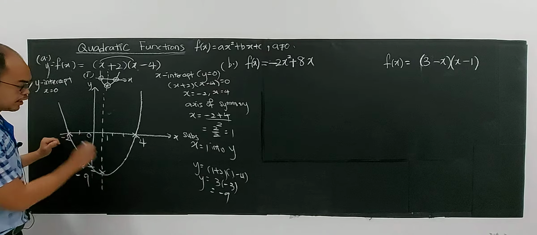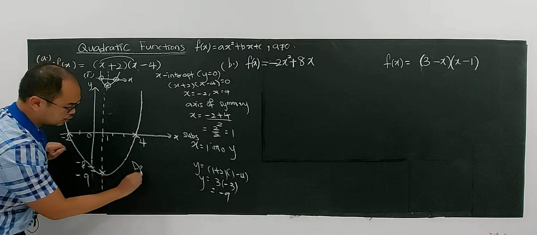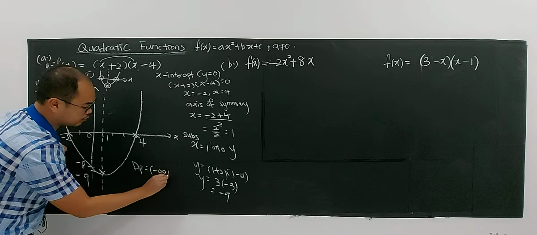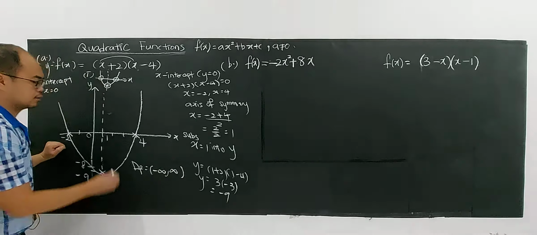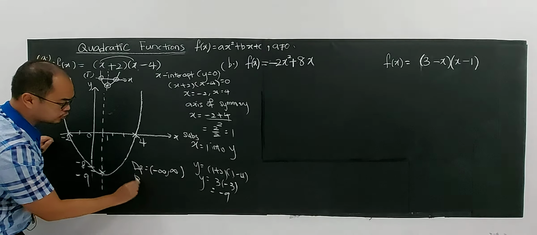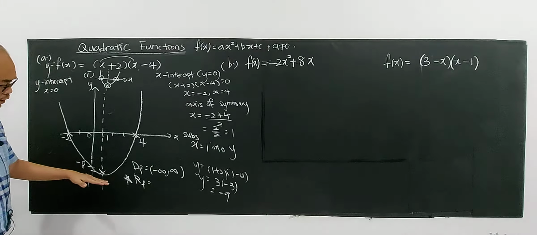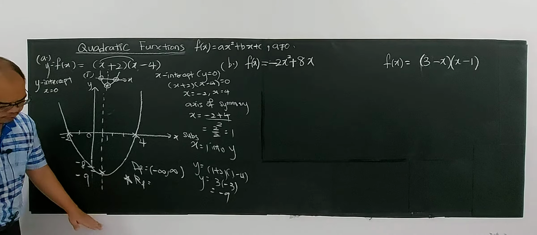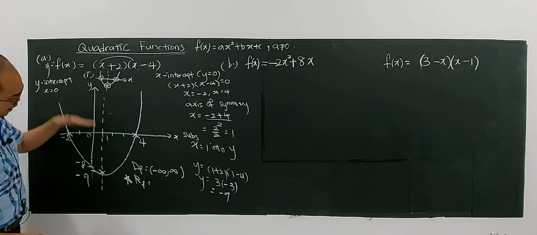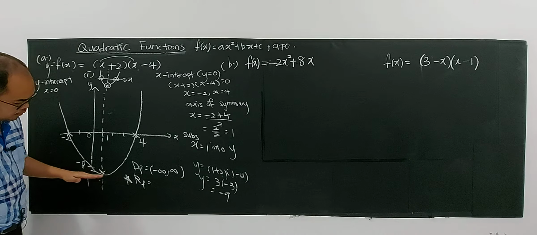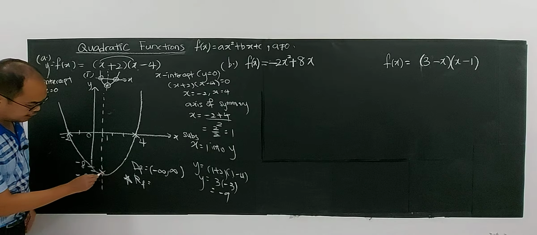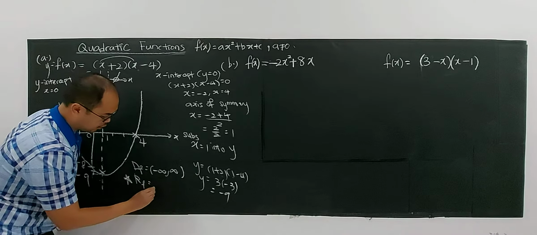From the graph, you can know the domain. The domain definitely will be -infinity to infinity, everywhere. But the range is the special one, so you need to identify it. There is no graph below the minimum value, above here there is a graph. The minimum value is -9 because it's the minimum point.